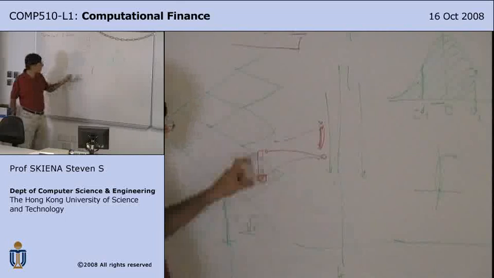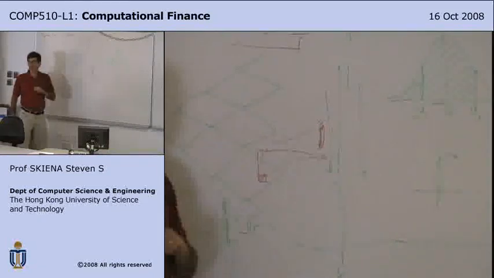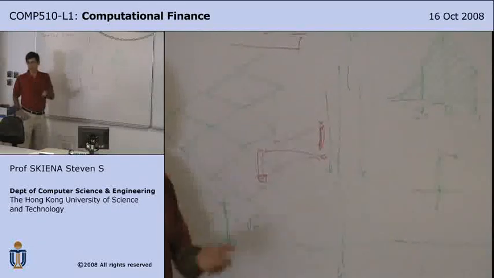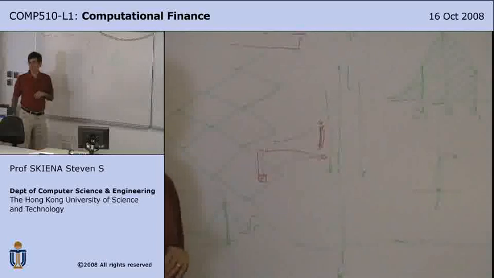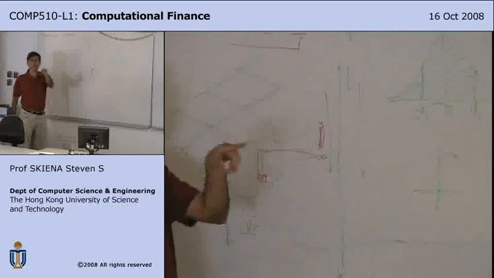So I want to argue that under this condition, the option to buy it has value. And if the option has value, then someone might sell it to me if I pay them money for it.